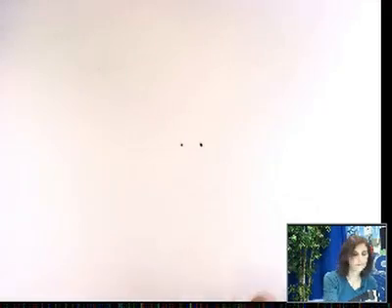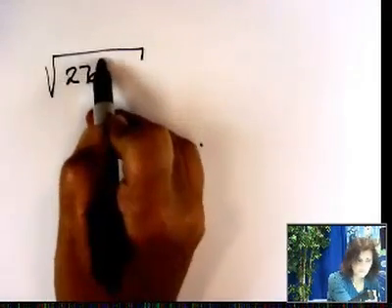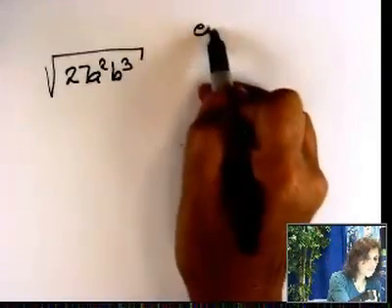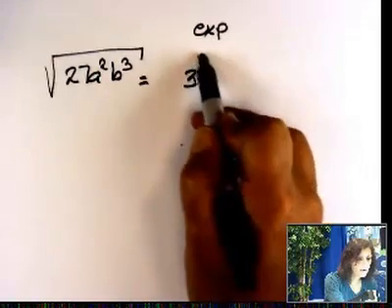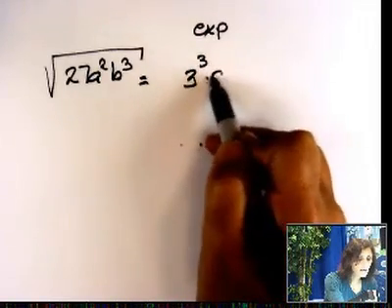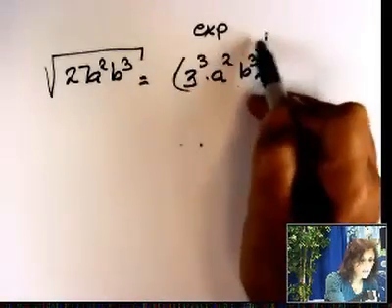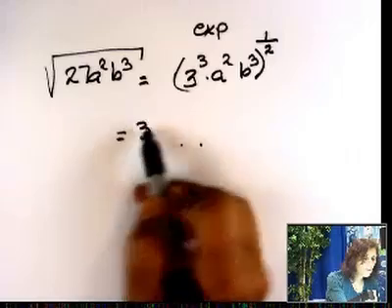Same problem. Now we're going to use exponents. Break everything down, which is 3 to the 3rd power, a to the 2nd power, b to the 3rd power, and you're supposed to take the square root. What does this mean? 3 to the 3/2.